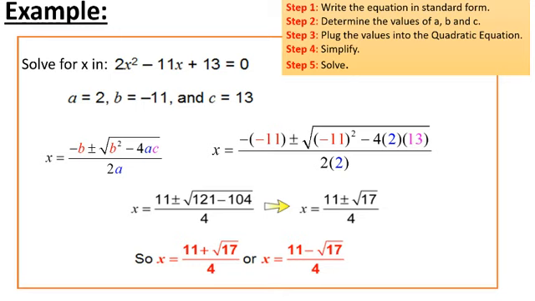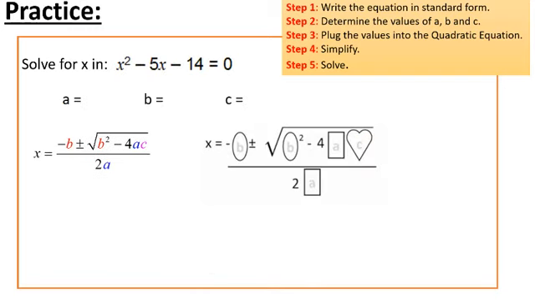So you're doing everything under that square root first. And then also remember with square roots, you can have plus or minus. So you'll see here, once it's simplified, I have x equals 11 plus the square root of 17 divided by 4, or x equals 11 minus the square root of 17 divided by 4. So a square root can have a plus or a minus.